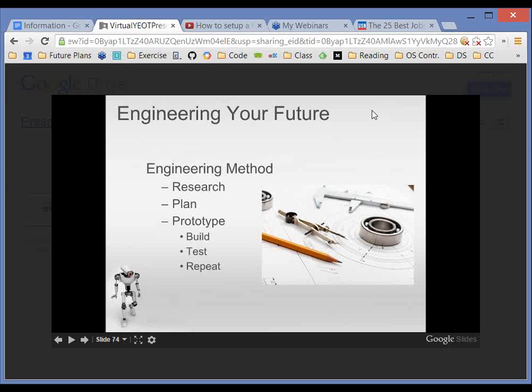You can go into marketing, you can go into sales, it doesn't matter. But having the engineering mindset of researching, planning, prototyping, and then producing, that's how engineers think, and how they build new cool toys and everything.